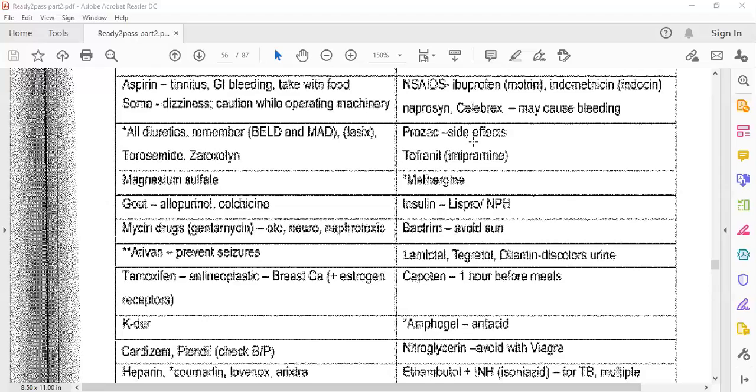The other name of Prozac is fluoxetine. Prozac or fluoxetine is a selective serotonin reuptake inhibitor, shortly called SSRI.